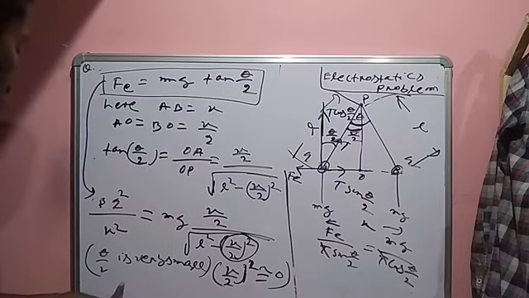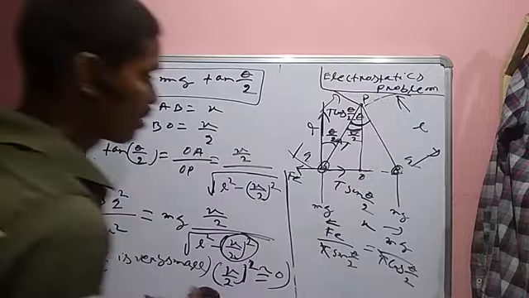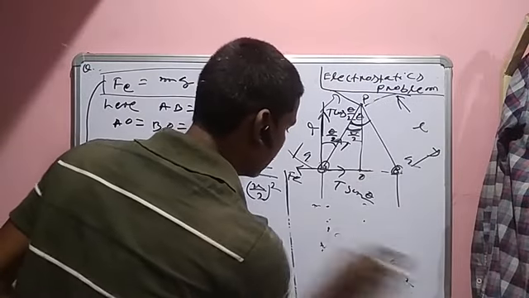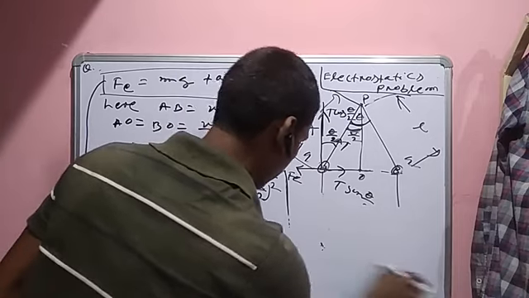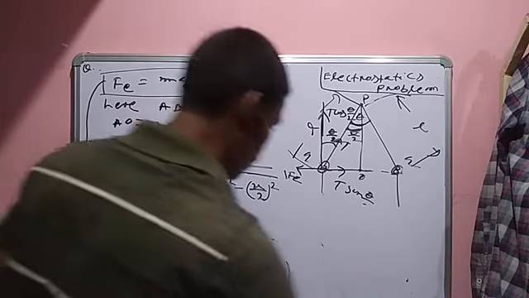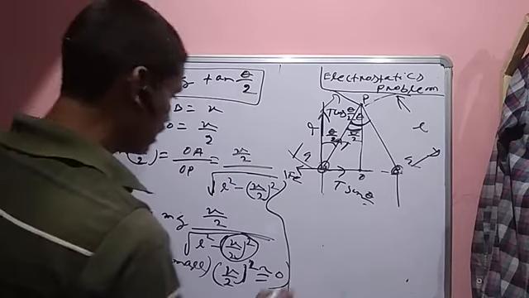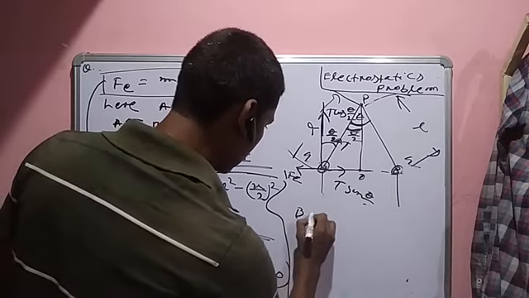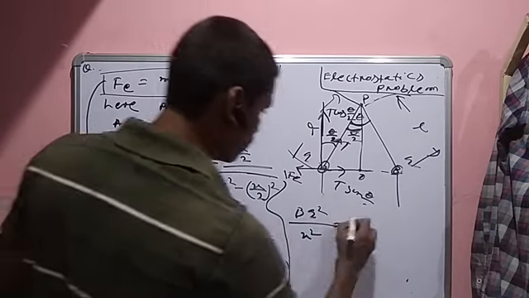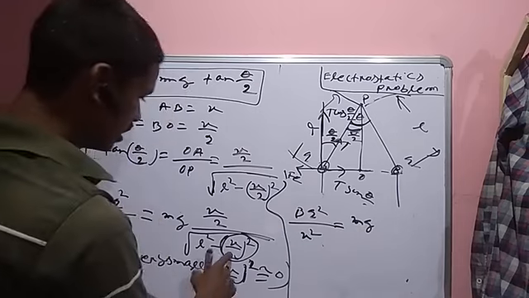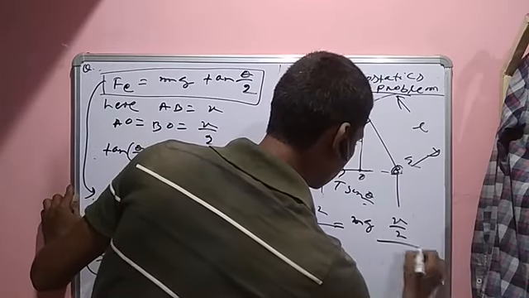Listen. So here we can write beta square q square by x square is equal to mg. This is negligible to 0. We can write x by 2 divided by root over L square.